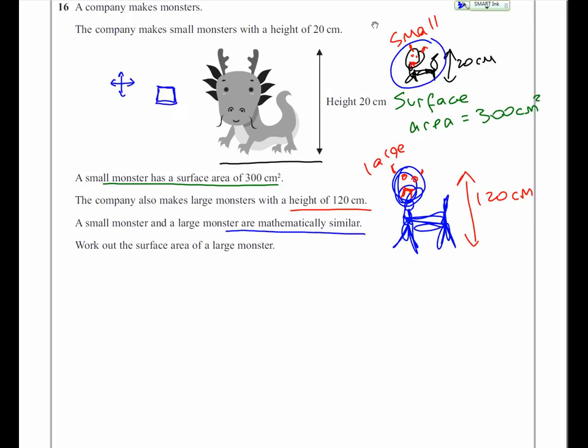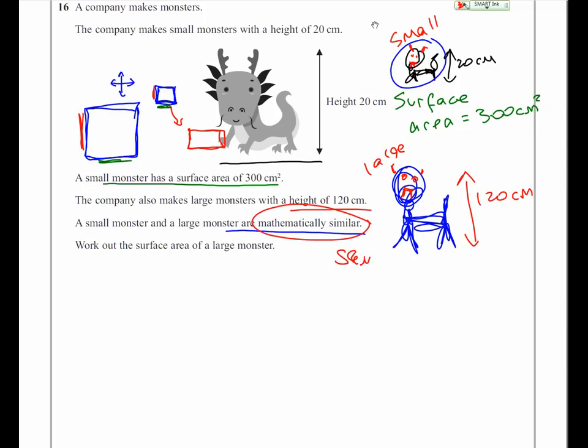So it's the exact same shape. If you're enlarging a square on your computer and you get a new square, you don't put it all out of shape and get something like that where you've just enlarged a bit. Mathematically similar, this is enlarged to this. This is enlarged to this. So they're the same shape.